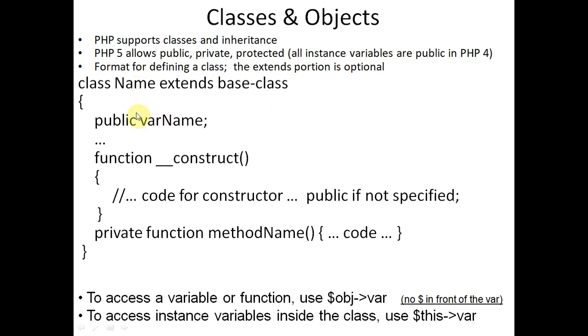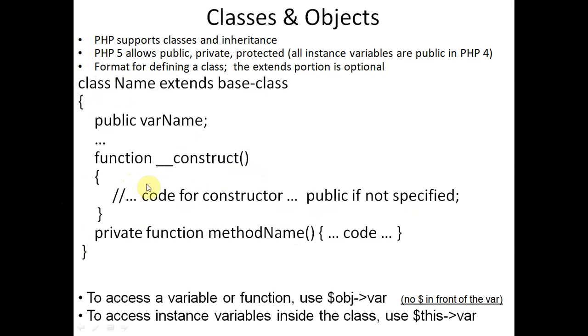Inside this class we have one public variable, var name, and one function, the construct function. Inside the construct function we write some statements. This is basically the constructor function. So name is the class and its constructor is underscore underscore construct. But in the case of Java, we write the constructor with the name of the class.